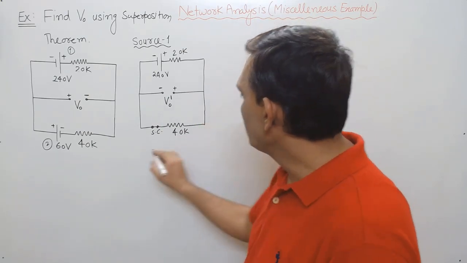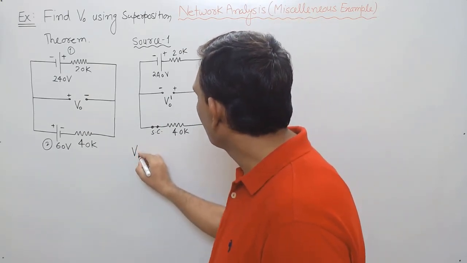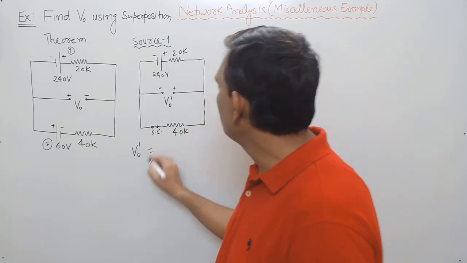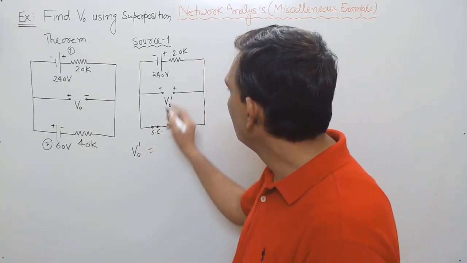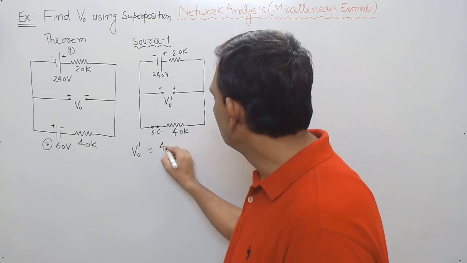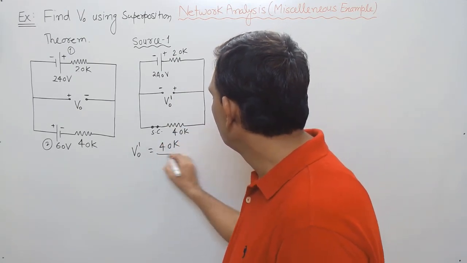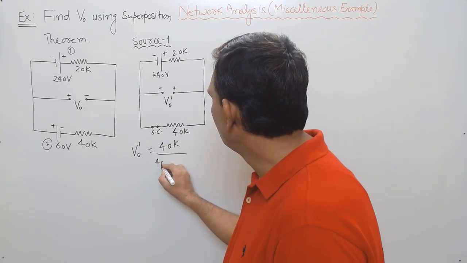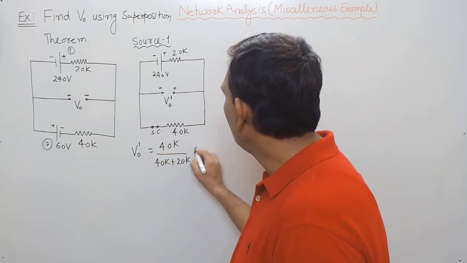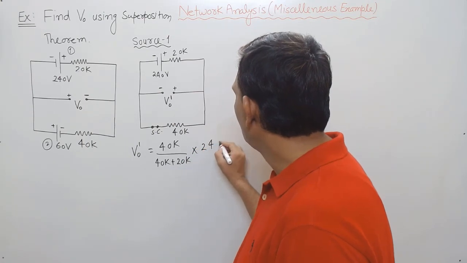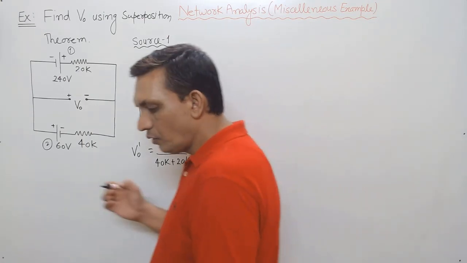So VO dash is given by, you can easily use the voltage division rule. So drop will be 40k by 40k plus 20k into 240 volt. Now we have to solve this.